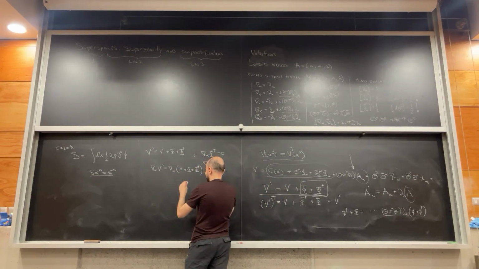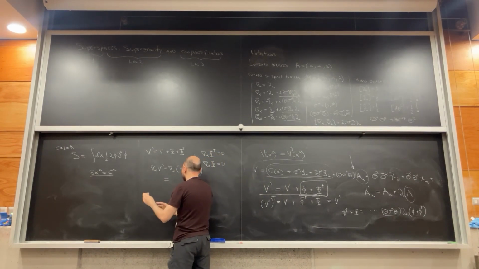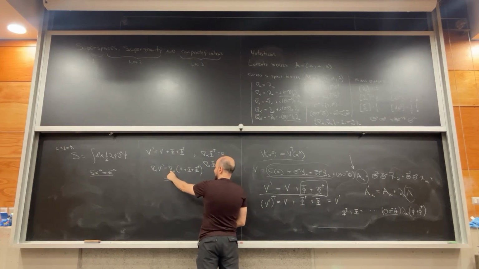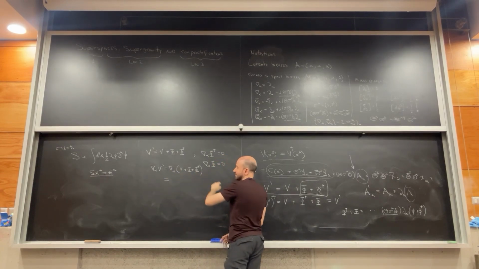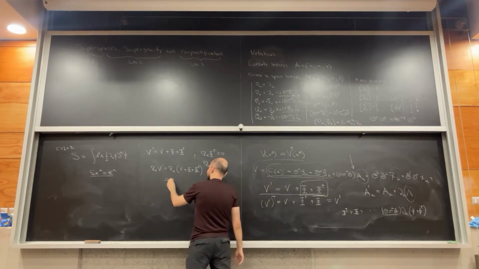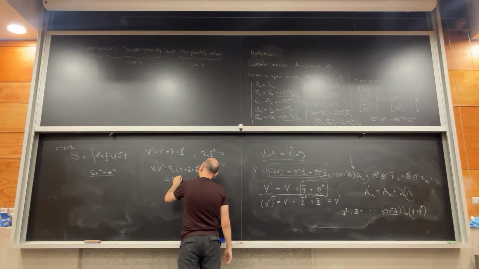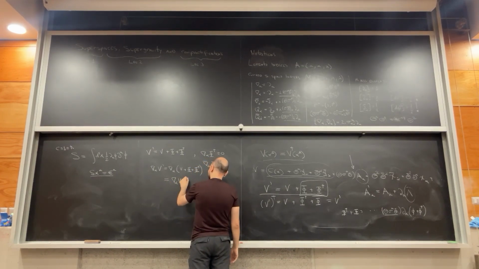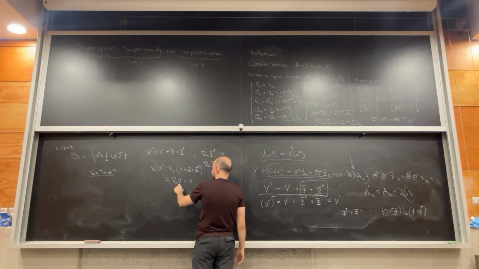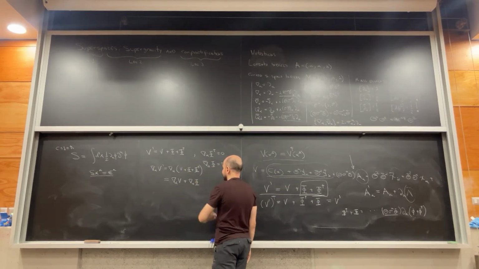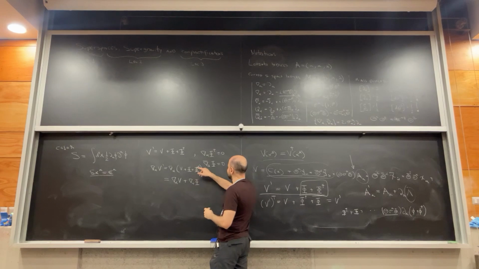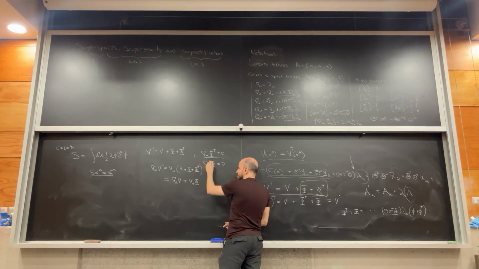This is the right way because nabla alpha kills phi dagger, so I know I'm in the right direction. This is going to be nabla alpha V plus nabla alpha phi, and no phi dagger because phi dagger is anti-chiral.